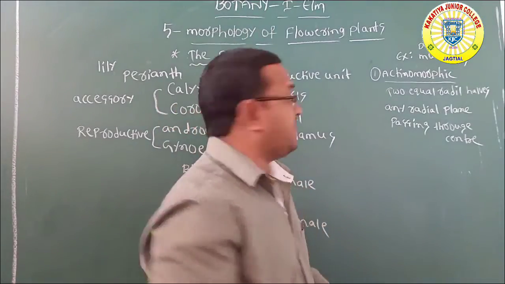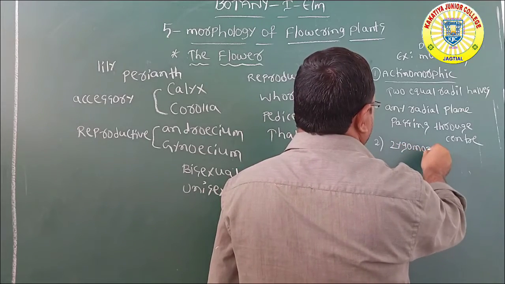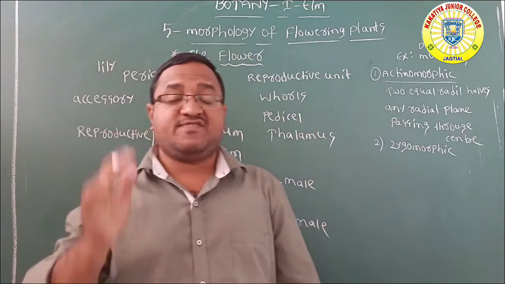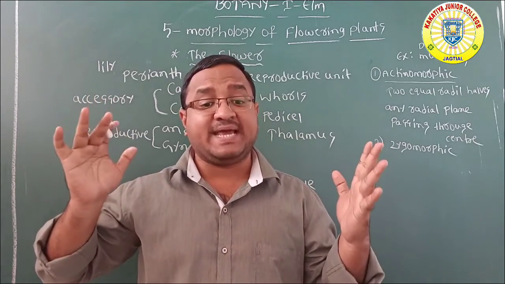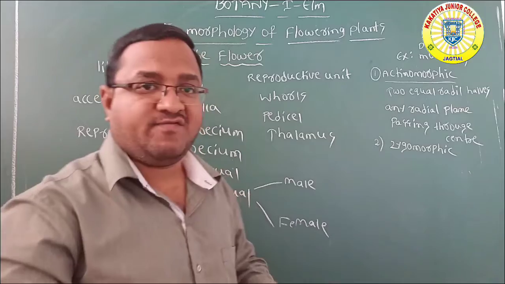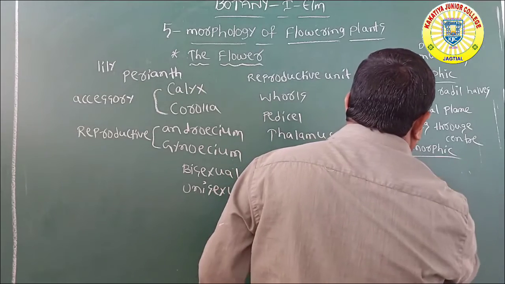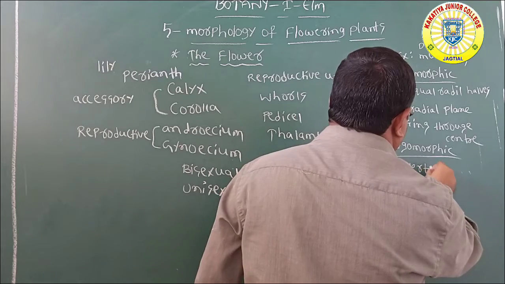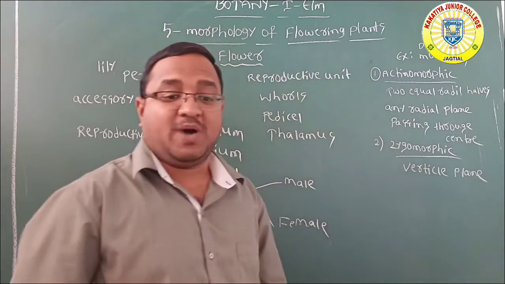But what is zygomorphic? If the flower is divided into two equal halves, but only in one particular vertical plane, only one particular vertical plane, so that is zygomorphic.